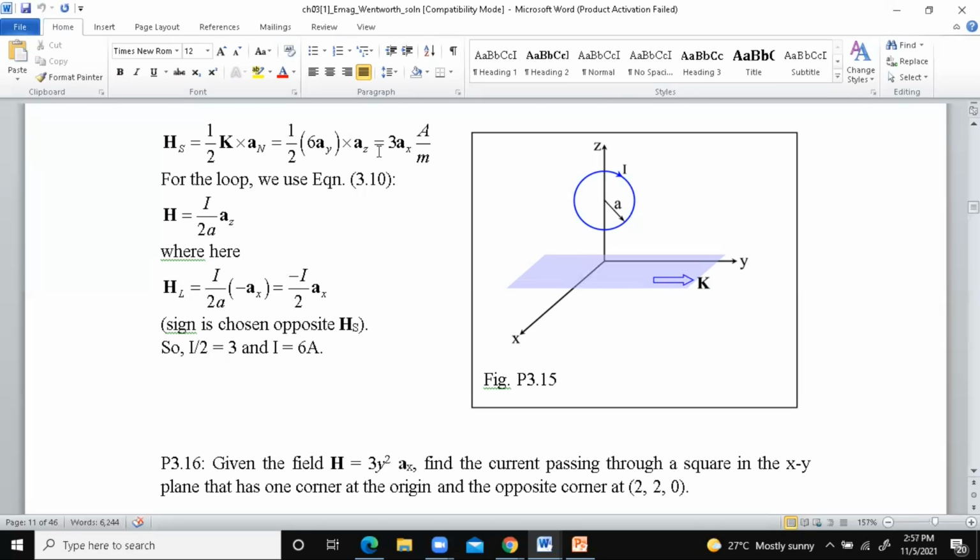You're talking about way up here? Yes, sir. AY cross AZ, AX. Because it's a cross product, you have to cross product the two vectors. Oh, okay.